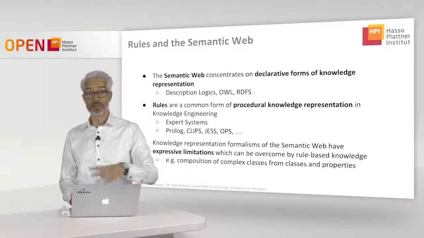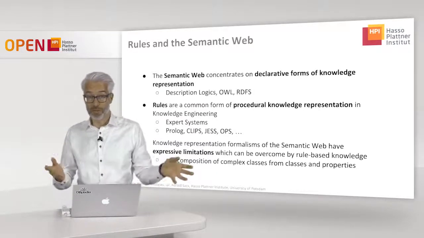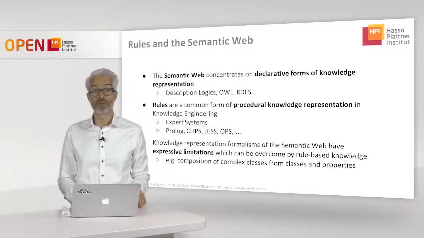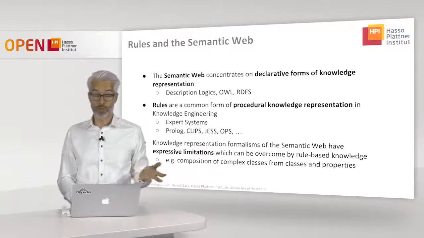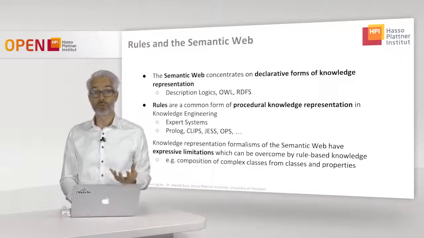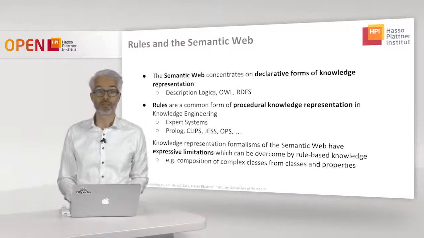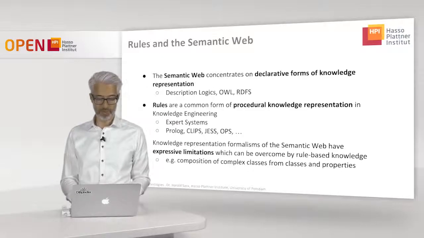So this is a procedural kind of knowledge representation. And this is usually also used in knowledge engineering. In expert systems, it is rather prominent. They are rule-based systems, and an entire knowledge base can be built up simply from rules. For example, in Prolog, Clips, Jess, or OPS, which are examples of rule-based expert systems.